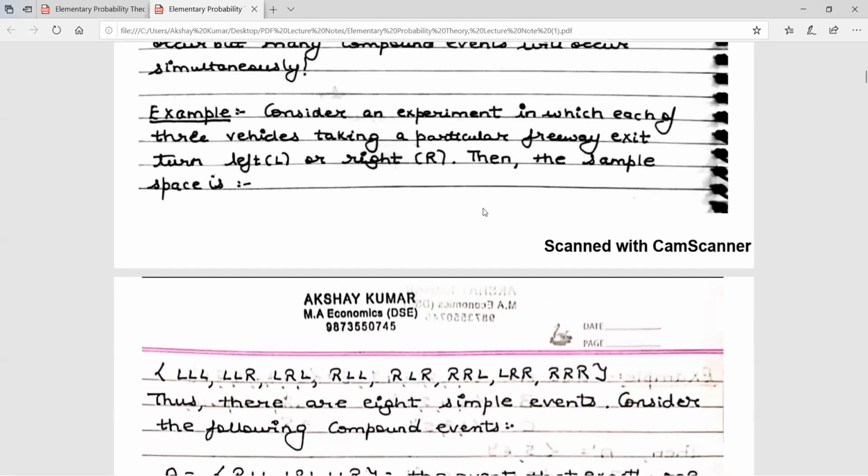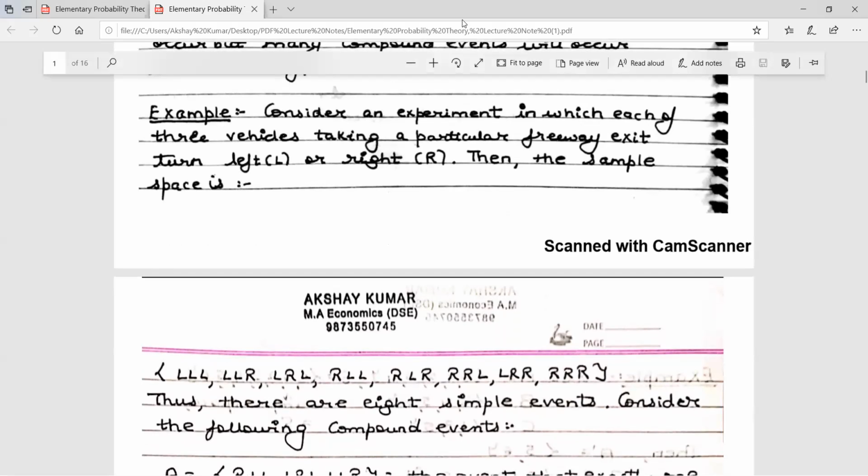Now, what are the possibilities we have? There are three vehicles and they can turn either left or right. If we want to list the possibilities, you can see them on your screens. So I can come to the whiteboard to explain.